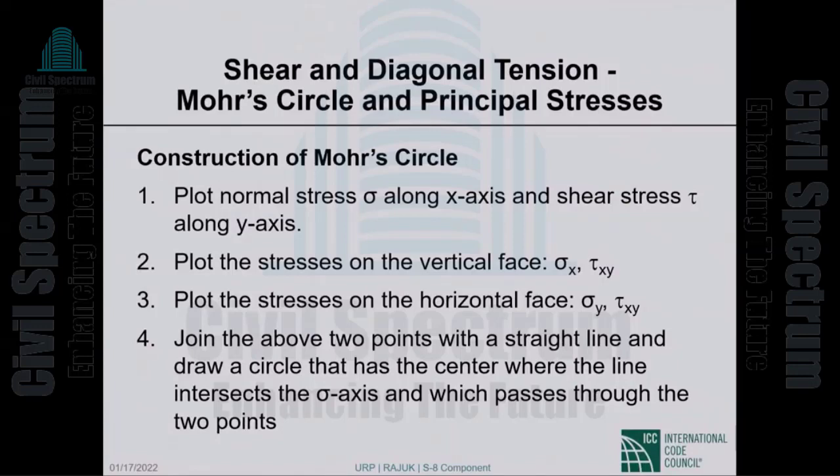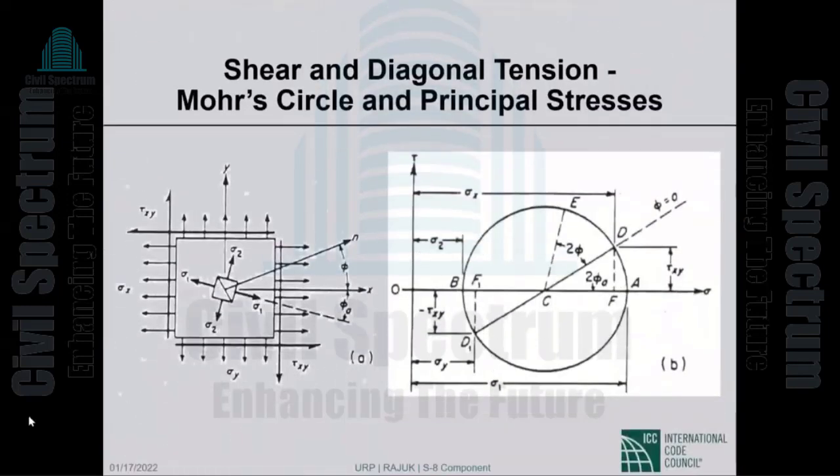and these are the steps, and let us implement them rather than read them. Okay, so this is our element. We have on, let us say, the right and the left face, the vertical faces, sigma x and tau xy.